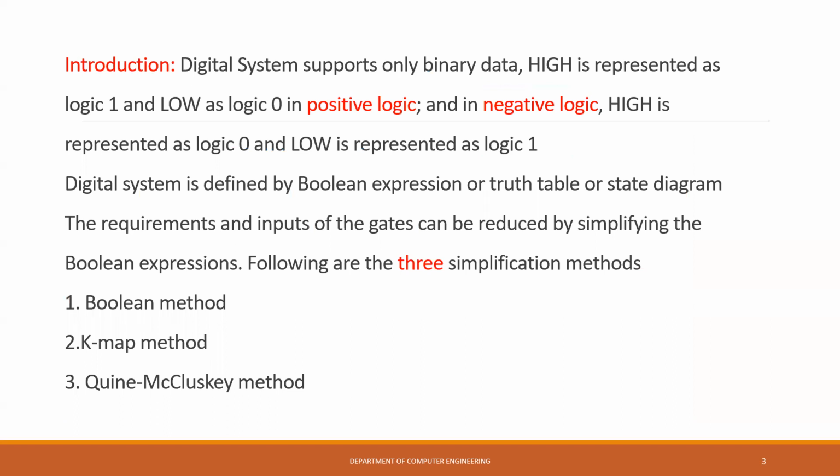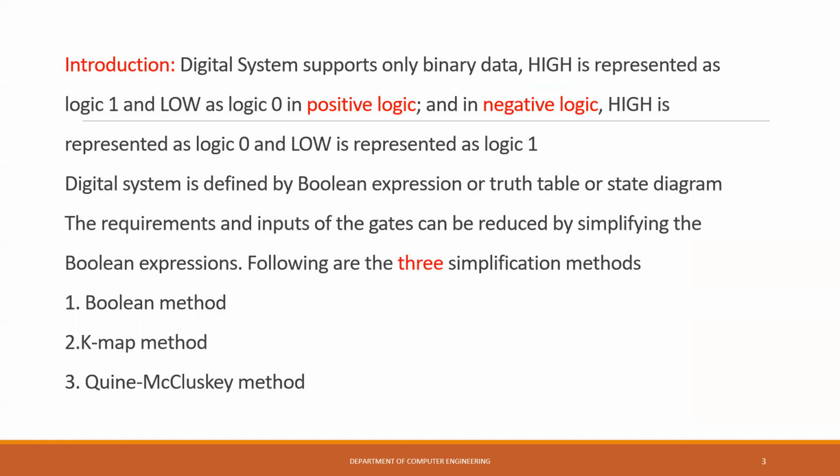Now, let us see first the introduction about digital systems. As the name indicates, a digital system contains digital signals or bits. Data in the form of bits is represented with the help of bit 0 and bit 1.